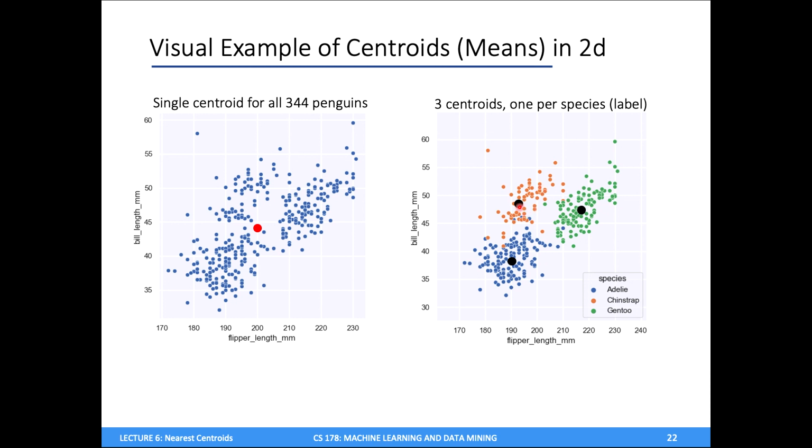So this black dot here is the mean of all my orange data points. Here, all the green dots are, say, my Gen 2 penguins, and I compute their mean, their centroid, that's this black dot, and the same thing for my third class. And so you can think of these centroids, these mean feature vectors, as really summarizing my data, or finding the center of my point cloud.